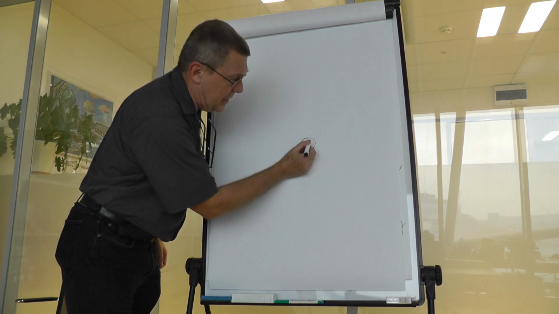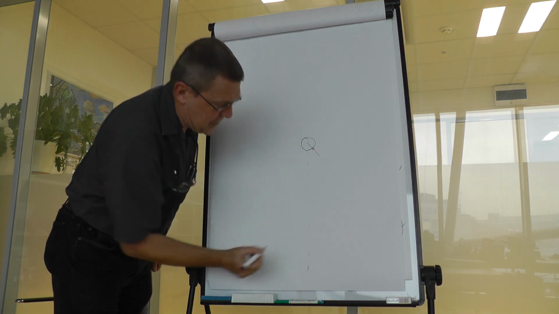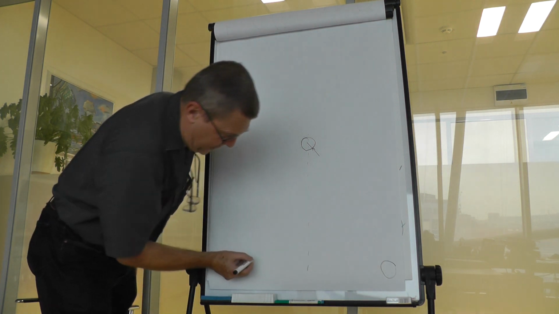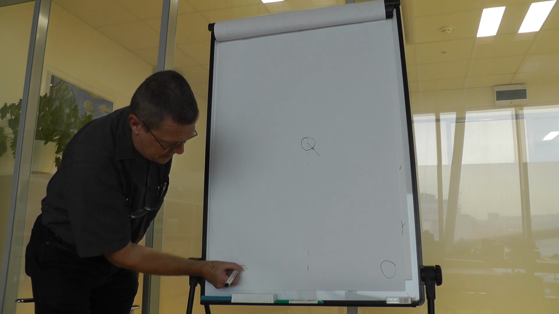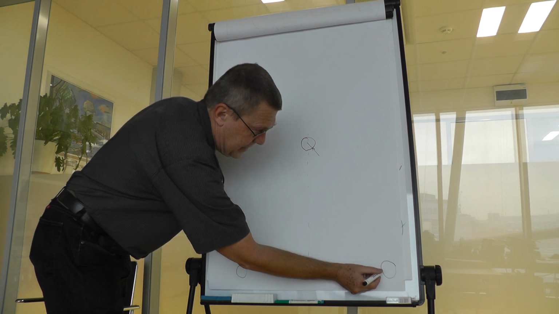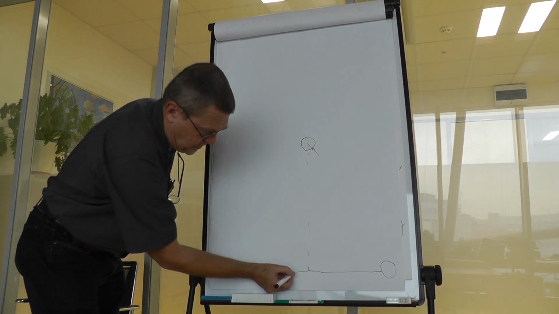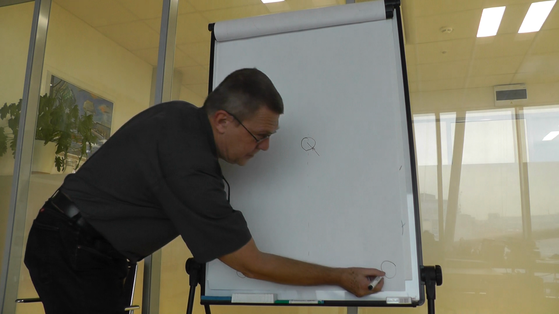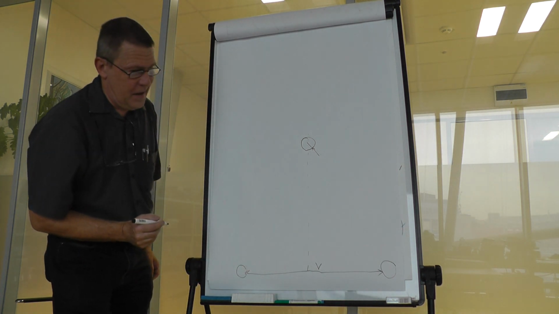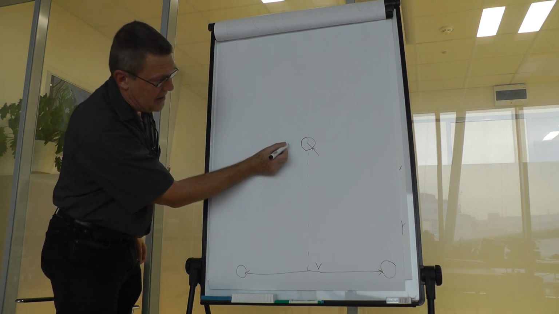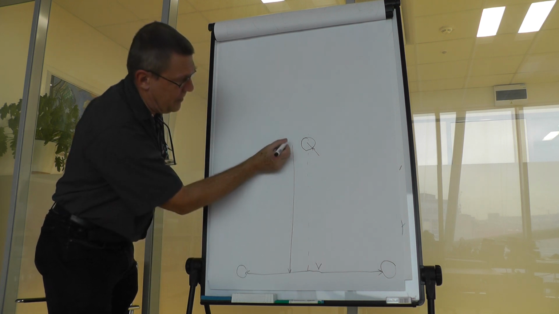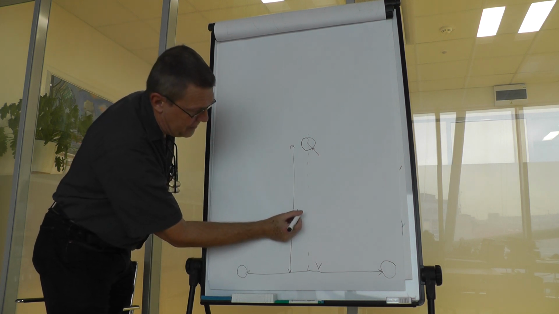Now, the arrangement has an axis of symmetry, and those 3 balls are situated so that this distance, which we call v, small v, is the same as the height of the triangle. So this is v.